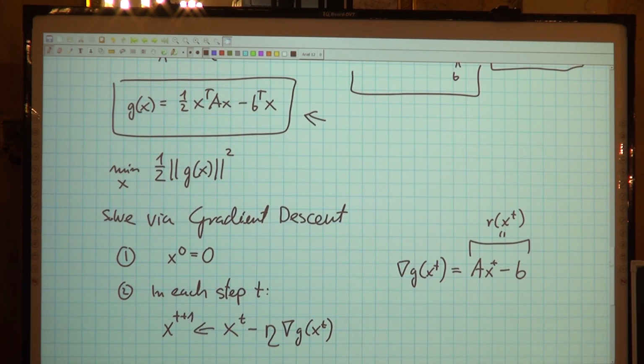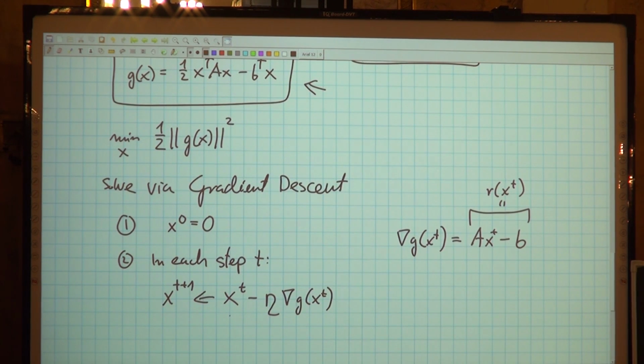All I am really doing is that whenever I want to improve the solution, I just push it in the direction of minus the right hand side error of my solution. This is actually a minus because I want to add it. So that's how I correct. In each iteration, I take my current solution, look at the right hand side error, and subtract it from my solution.